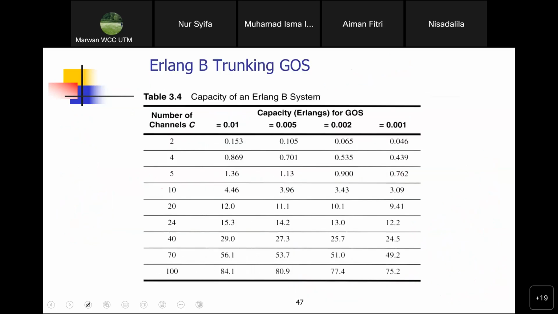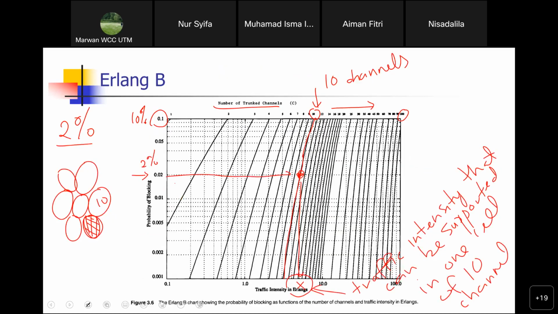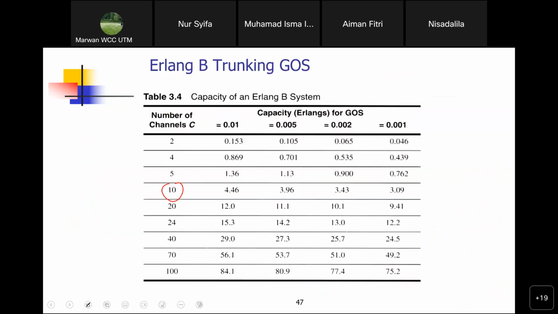The second one, of course, when it comes to graph, you also have a table. Number of channels 10, just now, 2% is not here. So they have 0.02. Okay, you have about 3.4.